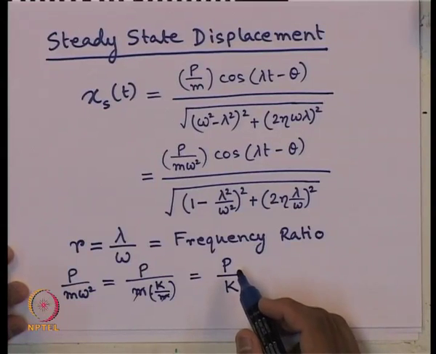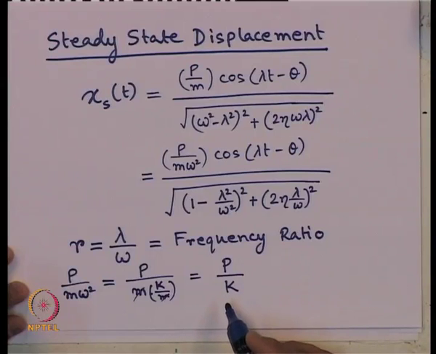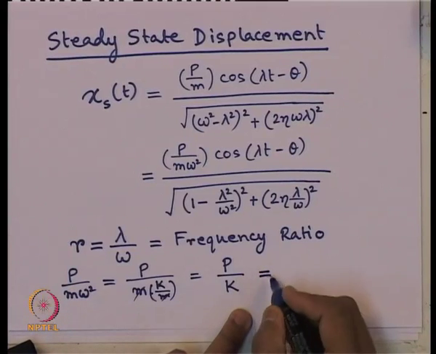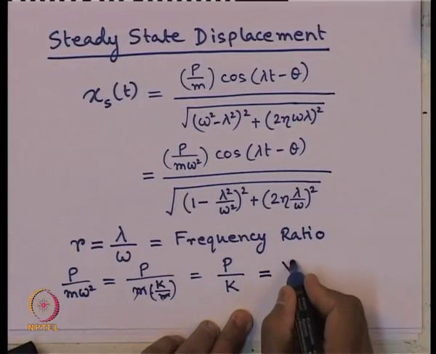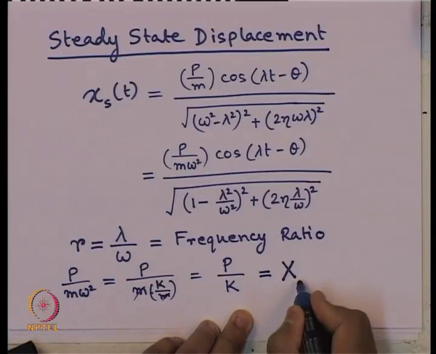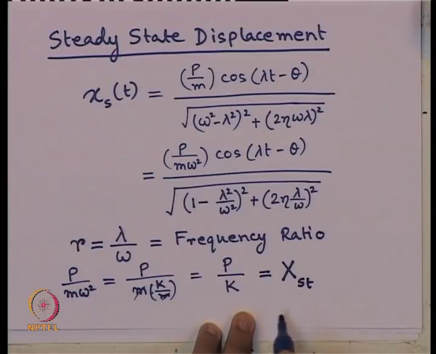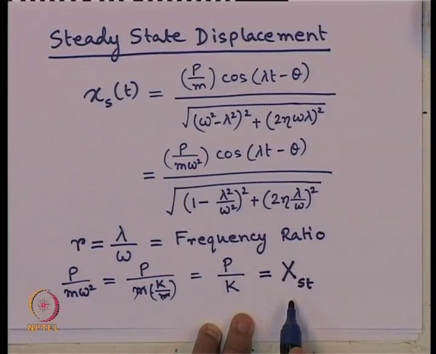P was the amplitude of the dynamic load and k is the stiffness, means spring constant. So, load by stiffness is nothing but the static displacement. So, this we are denoting as capital X ST. ST means static. So, this p by k is nothing but our static displacement.